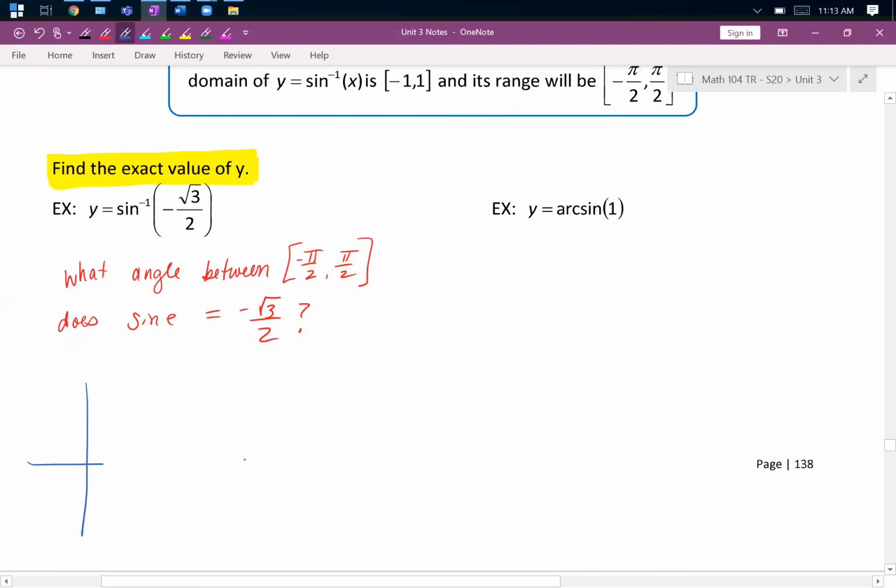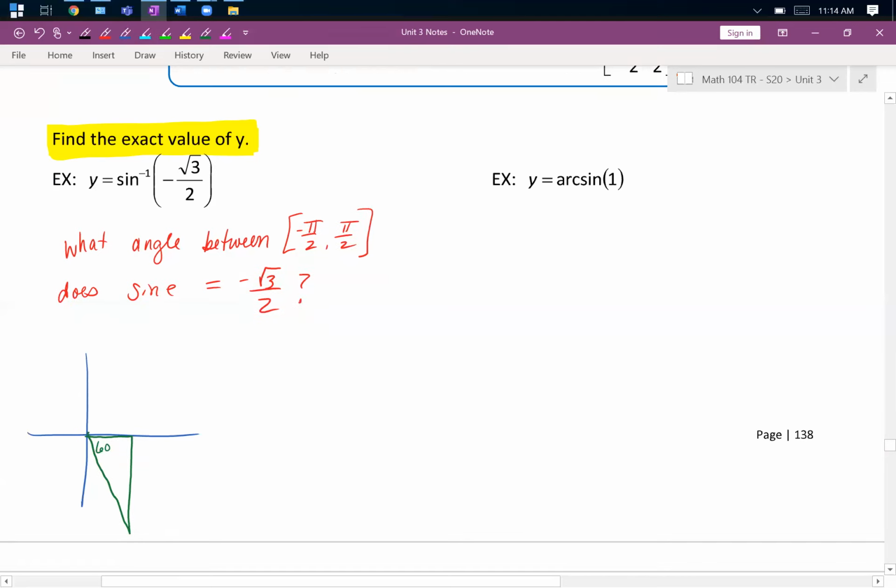Okay, well, if we're between -π/2 and π/2, that's quadrants 1 or 4. It's telling us that sine has a negative value, so that means that we got to be in the 4th quadrant. And √3/2 is the long side of our 30, 60, 90 triangle. So x will be the short side, y will be the long side. Here we have a triangle. And we'll have a 60-degree reference angle. All we need to do is label what that angle is.